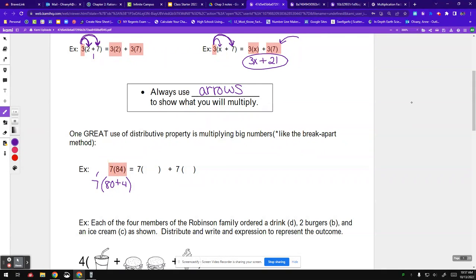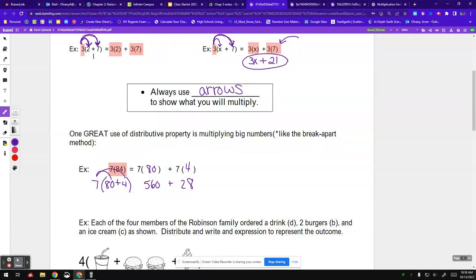then you can have 7 times 80, which is easy, right? That's 560, plus 7 times 4, which is 28. And then 560 plus 28 is easier to do in your head. So 560 plus 30 maybe, minus 2.